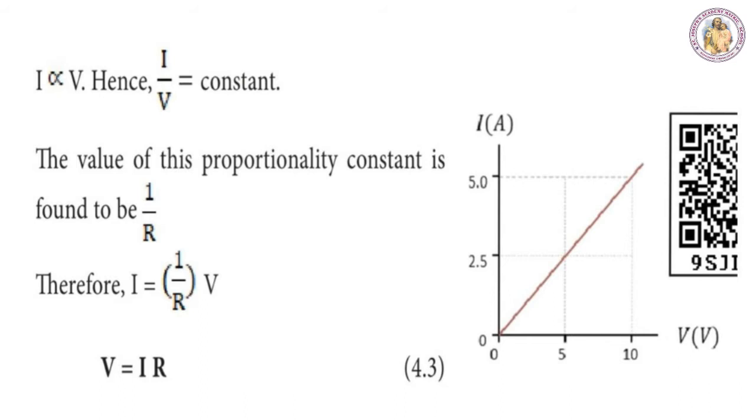So Ohm's law says that at a steady temperature, the current is directly proportional to the potential difference, so that there is a steady current flowing in the conductor. This is Ohm's law.